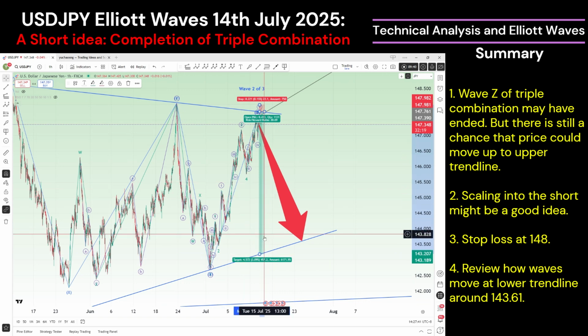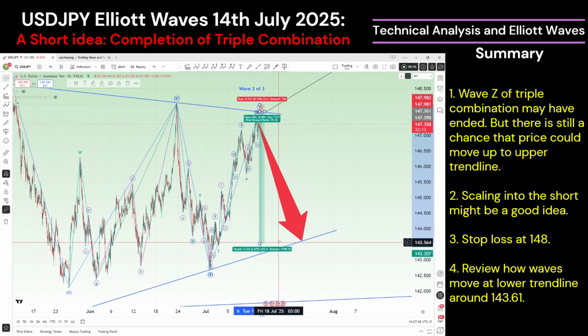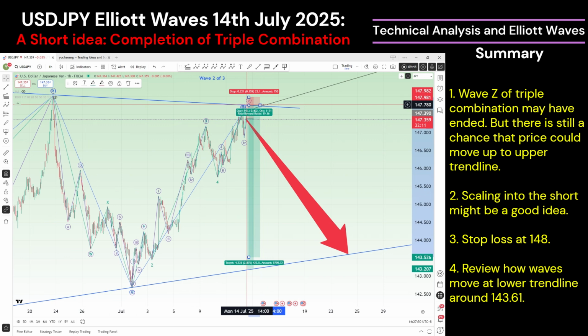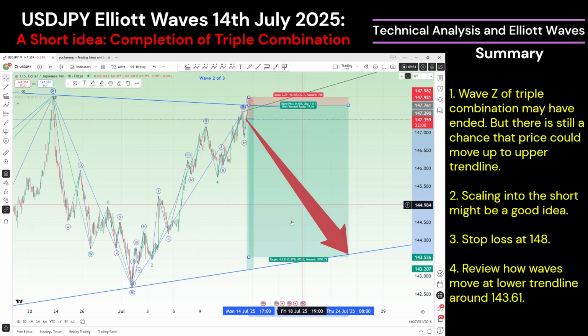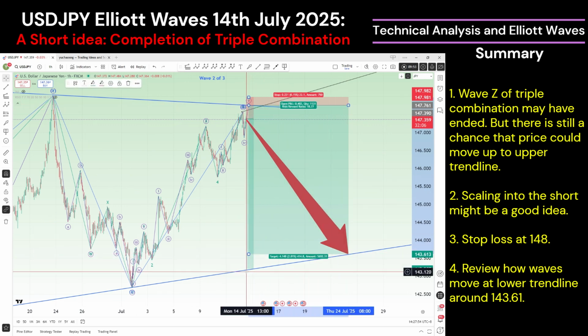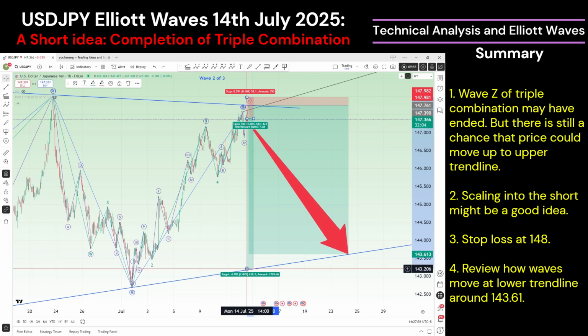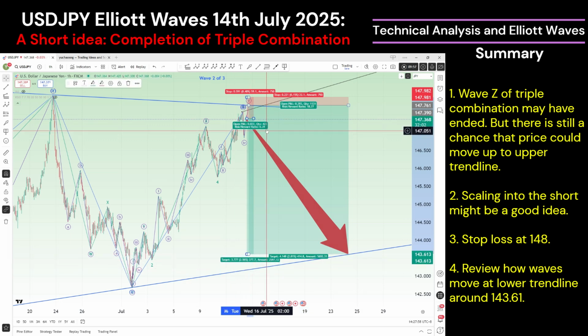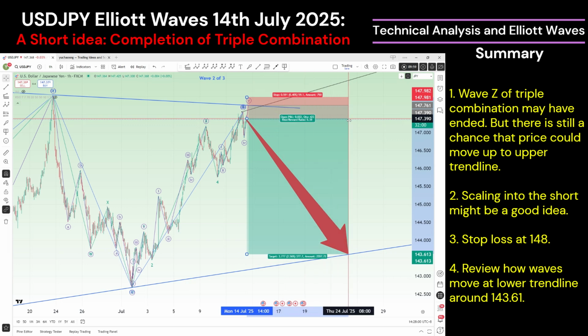In a sense, because this is an upward sloping trend line, the target will be slightly different, slightly higher. So it's not that great of a target, but it's still a very respectable risk reward ratio.